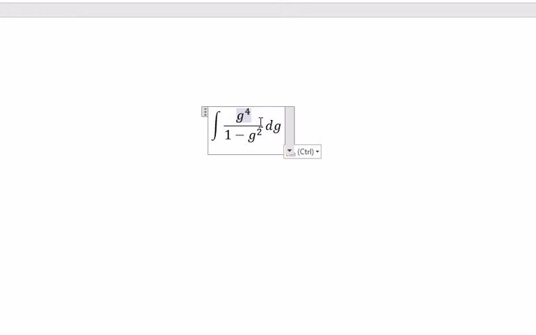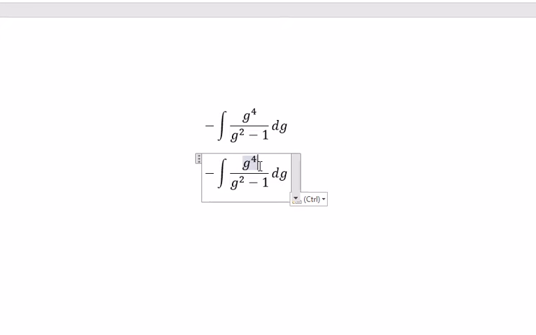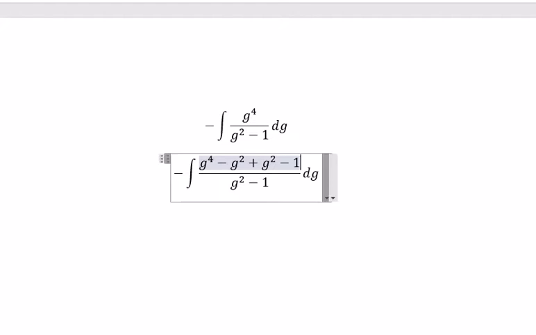So we need to put negative in here, so we can change about g square minus 1. About this one, we can add negative g square, so we put positive g square, and then we need to have negative 1 plus 1.